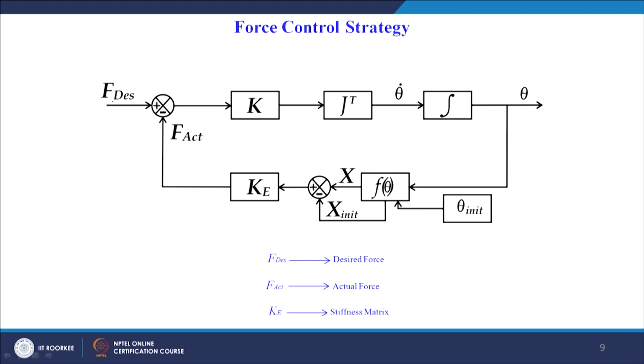Given the desired force, it is multiplied with the gain matrix, so that Jacobian transpose comes into picture. So, we see here K multiplied by E multiplied by the J transpose, which is the Jacobian transpose, that leads to the theta dot.